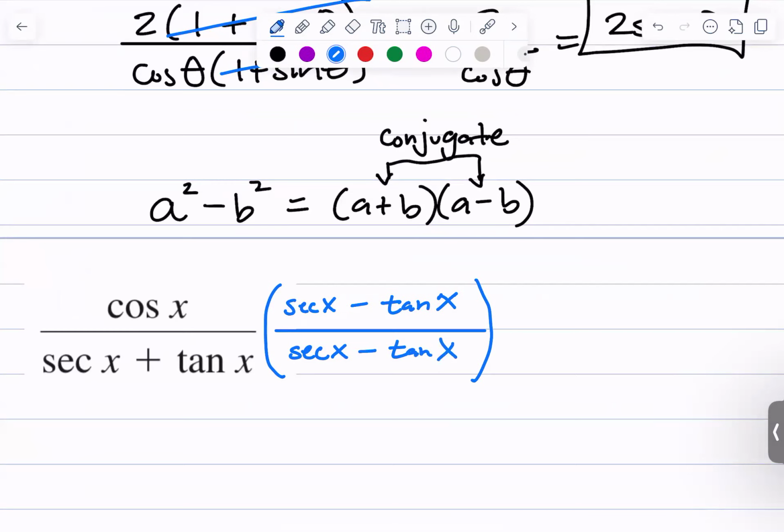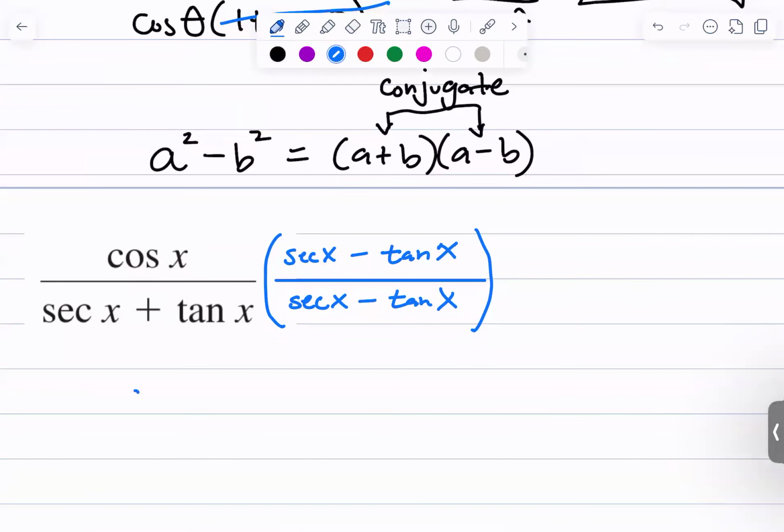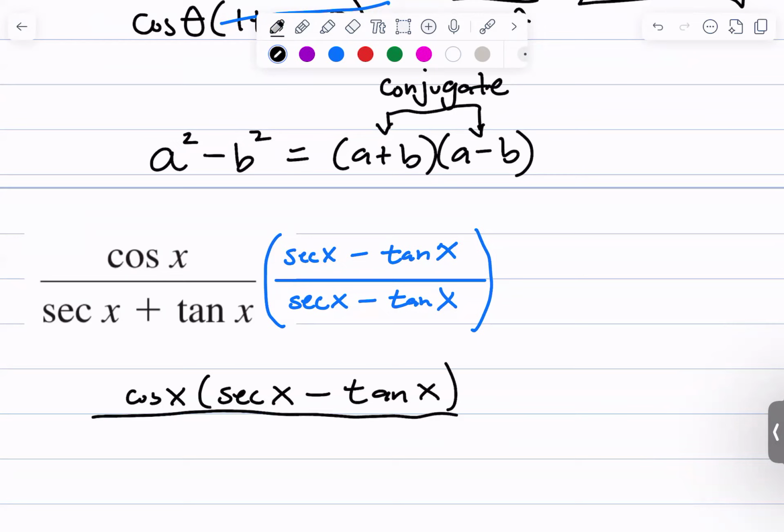Okay. So now I have cosine x times secant x minus tangent x over secant squared x minus tangent squared x. How did I get this so fast? Because I just used my difference of squares, right? I have a plus b.